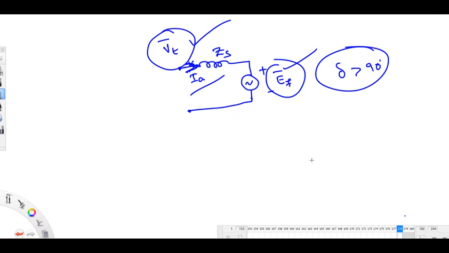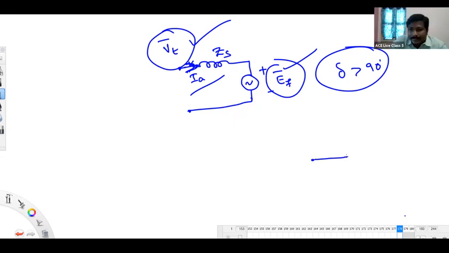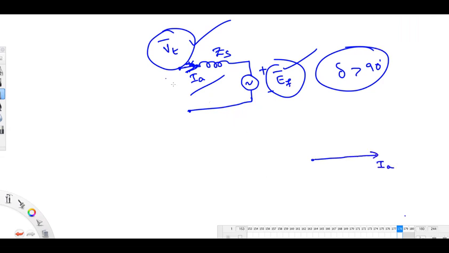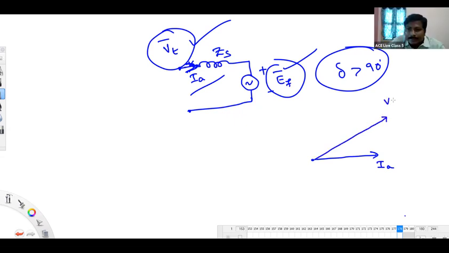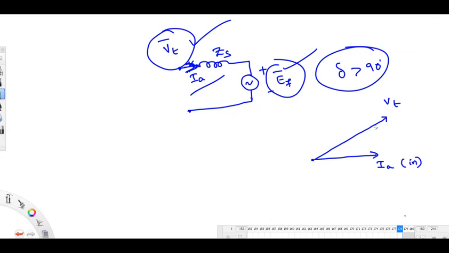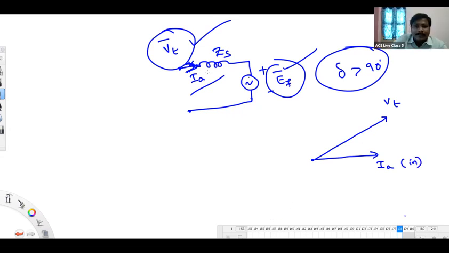See, for example, IA, I am showing like this first. VT bar is something like this. But this IA is going into the motor. From this VT, we should subtract IA into ZS.